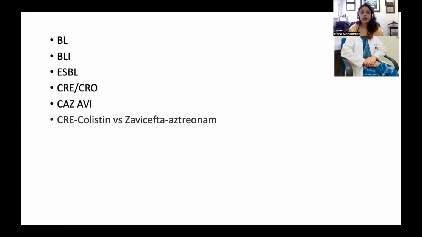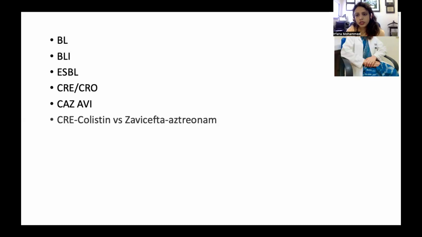But why can't we give Zavicefta for each and every patient? Like in all the ICU patients who are critically ill, we can go ahead with Zavicefta, right? But we can't, because Zavicefta will not work for Acinetobacter.